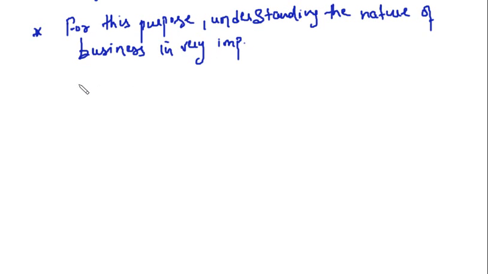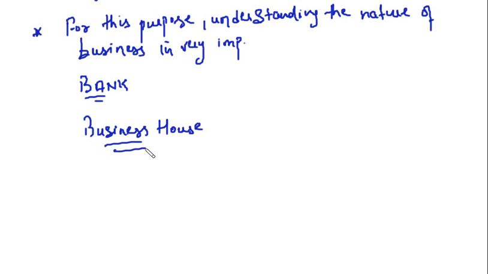I'll take two entities. One is a bank and one is any business house. Clear? Now, the bank has given a loan to a person, and on that loan, the bank will receive interest, isn't it?